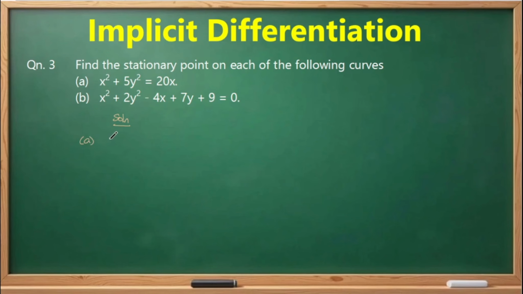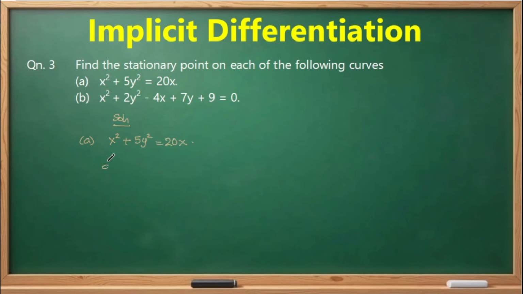and we equate it to 0 to get the value for y, since a point has two coordinates, x and y. So x squared plus 5y squared equals 20x.